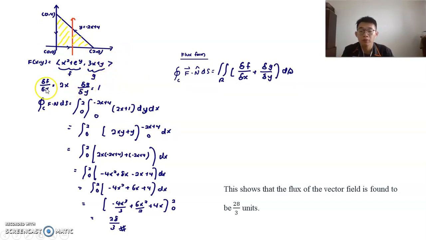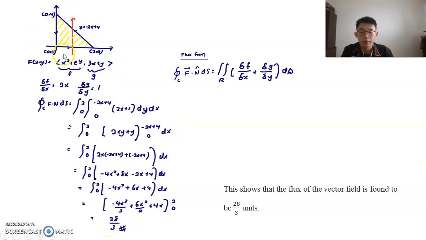And we are going to solve del f over del x, which gives 2x, and for the partial derivative of g in terms of y, we are going to get 1. So we just substitute both of these values into the flux version equation, plug in the limits of this triangle, and then just solve it like normal. We're going to get 28 over 3.